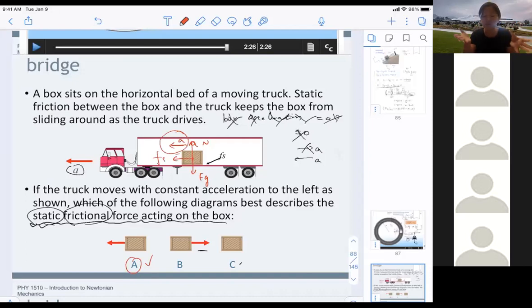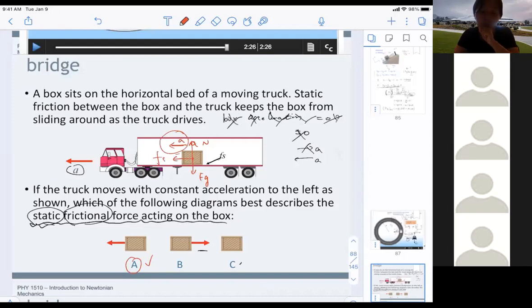But if you have a surface that's rough enough, and if the box is heavy enough, then to prevent the slipping backwards, your static friction will be opposite to that direction, so pointing forward, and that carries the whole object along with it, right?